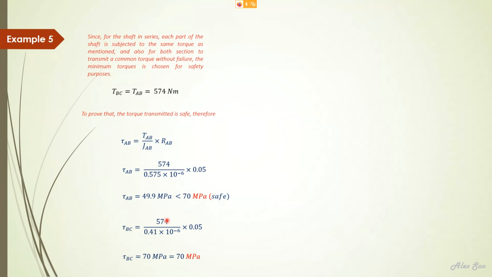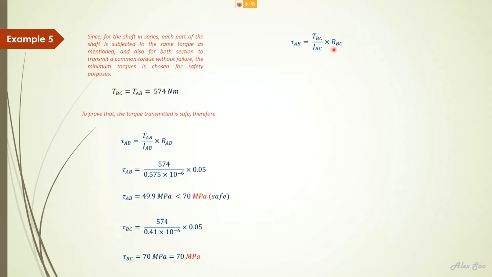The 574 that I adopted, I put it back, and I still get the shear stress within 70. So it is safe if I consider the torque transmitted to be 574. That means you cannot transmit any torque that is greater than 574. If you transmit any torque greater than 574, the whole shaft assembly will fail.